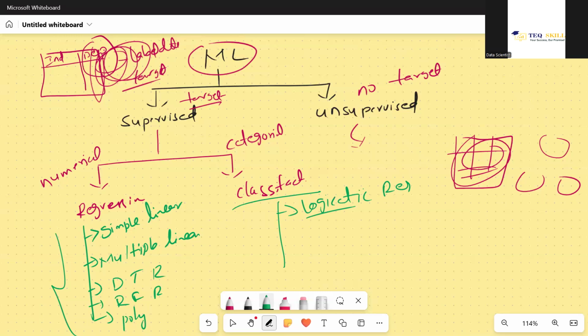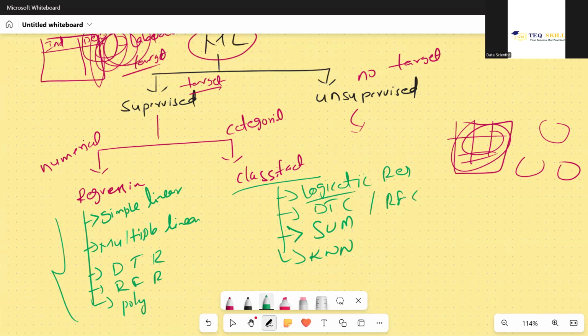That means your dependent variable depends linearly on your independent variables, a linear nature. Then support vector machine, KNN, K nearest neighbors, decision tree classifier, random forest classifier, and XGBoost classifier. These are different classification techniques we have.